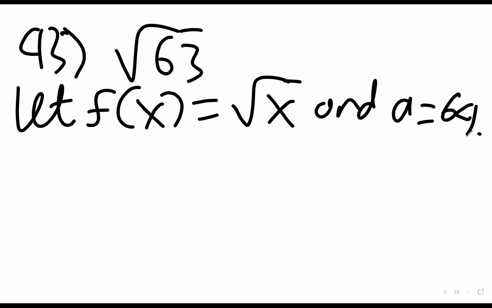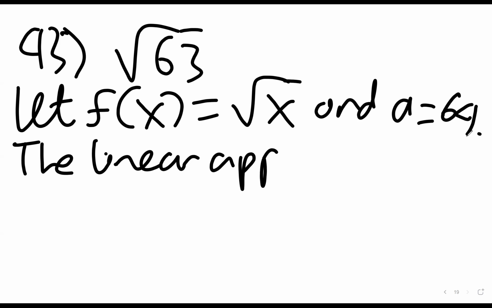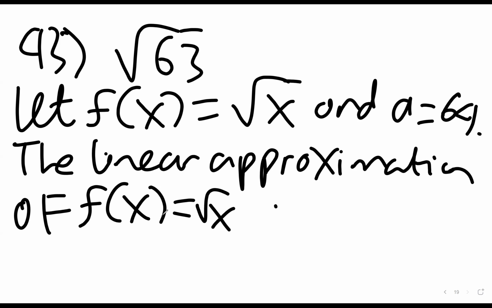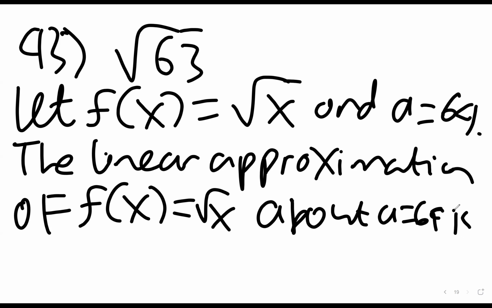All right, so then the linear approximation of f of x equals square root of x about a equals 64.